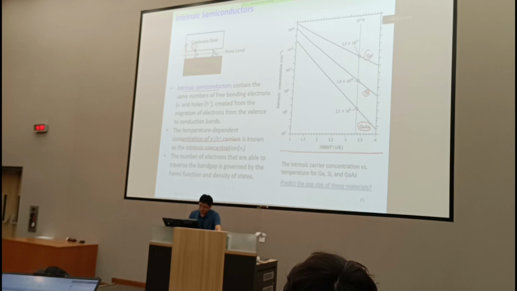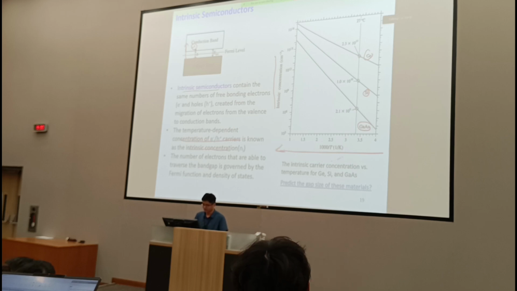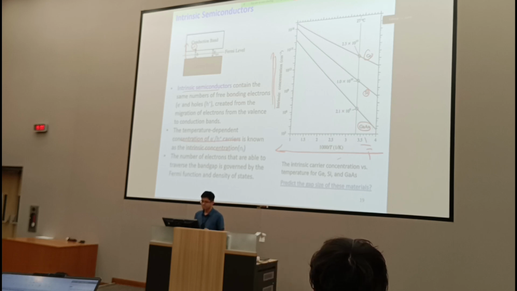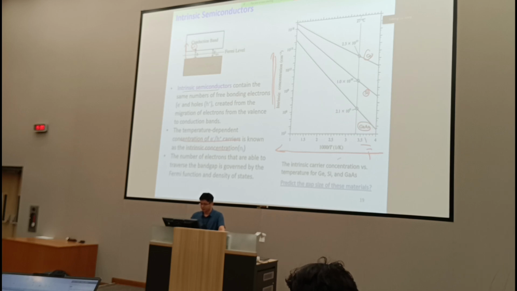You see that the intrinsic concentration, think about the electron concentration, increases when you increase the temperature, because this axis is 1 over T. But they show slightly different behavior. Germanium has a much higher carrier density than silicon at the same temperature.